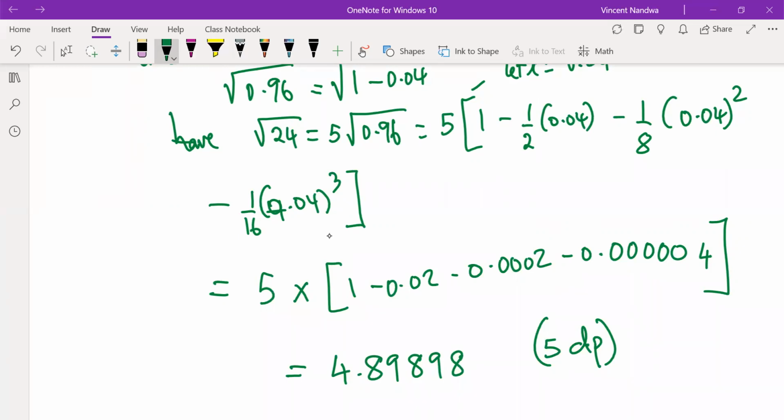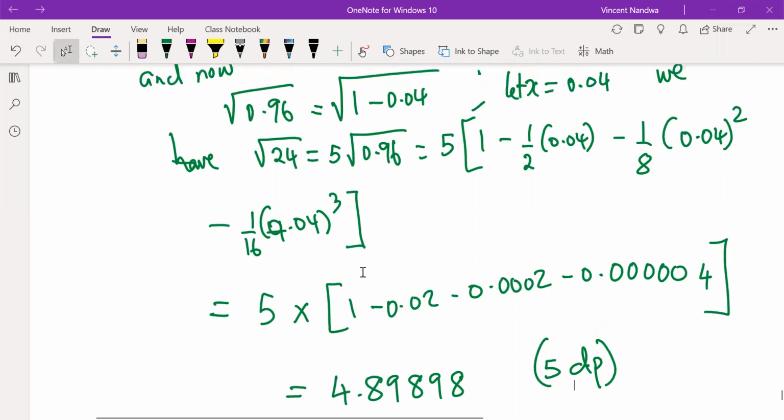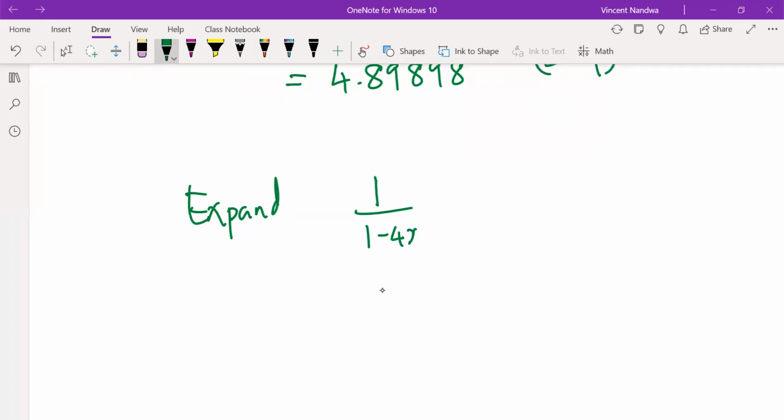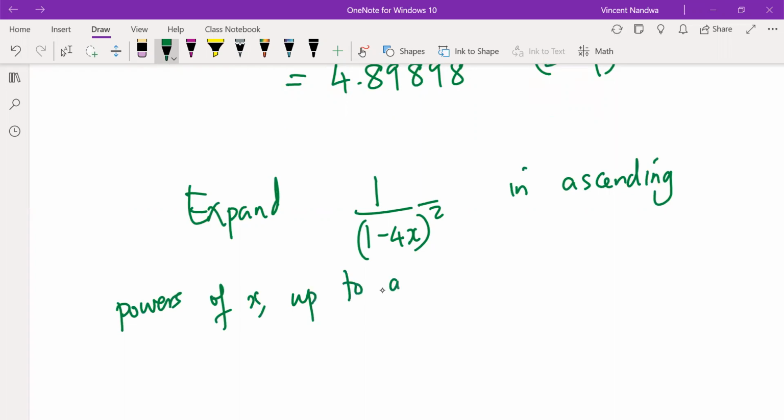Lastly, expand 1 over (1 minus 4x) power 2 in ascending powers of x up to and including the term in x power 3.